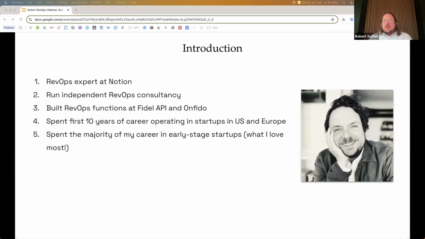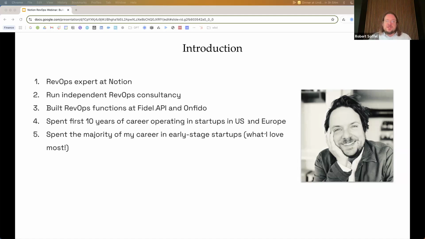So with that out of the way, just a quick intro for myself. As Steven said, I'm a RevOps expert at Notion. I've been doing that for almost a year now, which has flown by. In parallel to that, I run an independent RevOps consultancy, which I've been doing for just over 3 years. Prior to that, I worked in 2 London-based startups building RevOps functions: one at Fidel API, where I was for about 3 years, and another called Onfido, which you may have heard of, where I was for about 2 years.